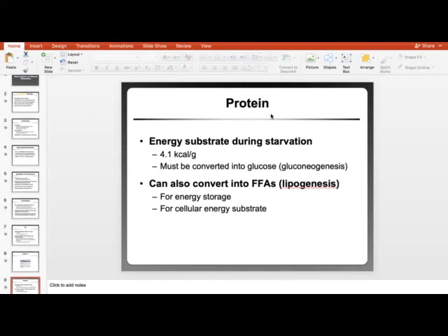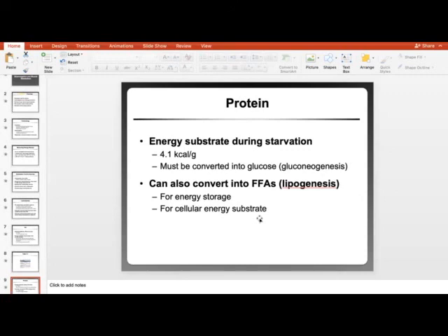So the reason why these keto diets work is if I don't have any carbohydrate in my diet, my brain needs to have some type of fuel so that it can function. So it's going to change the protein that I eat into free fatty acids through lipogenesis, and it's going to take those free fatty acids and pump them into the Krebs cycle, make those free fatty acids into acetyl-CoA, and then I can go through the Krebs cycle and get energy and ATP.